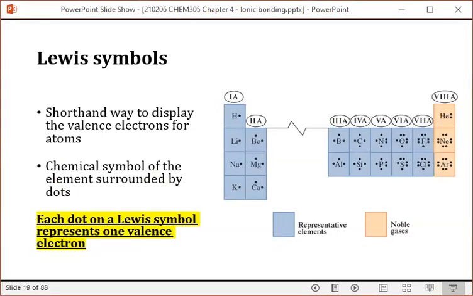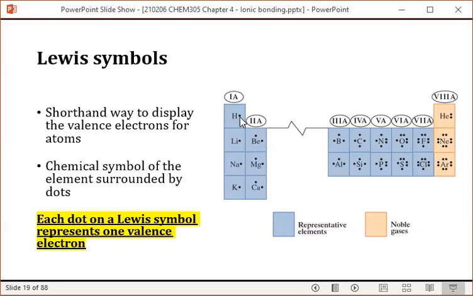So Lewis dot symbols are just a shorthand way to display the number of valence electrons on an atom. To draw a Lewis dot symbol for an atom, you draw the chemical symbol for the atom, and around the chemical symbol, you put dots, and each dot represents 1 valence electron. In our representative or main group elements, hydrogen is in column 1A.